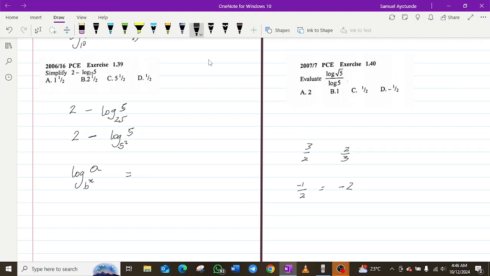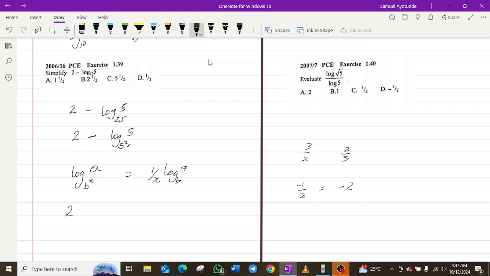So the inverse of x is 1 over x. The 1 over x will become the coefficient. So we have 1 over x log base b of a. So here, the 2, which is the power here, will become the coefficient, but only the inverse of 2 will become the coefficient.